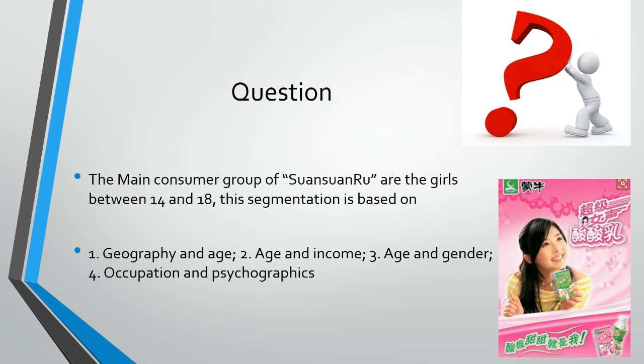This is quite simple, right? Age and gender. I would like to say that these two factors are the most used factors when segmenting the market. There are a lot, you can name it, like makeup products, video games, and so on, right?